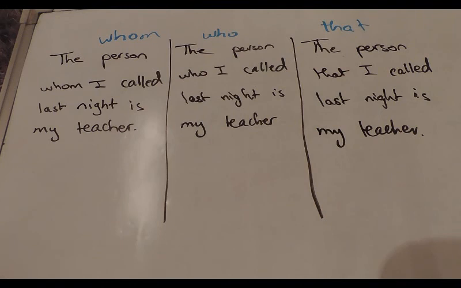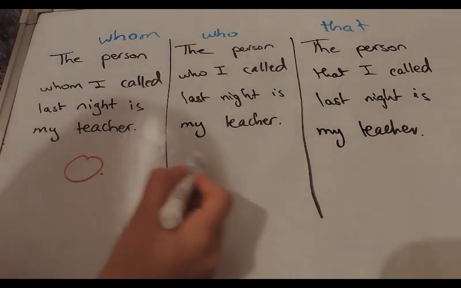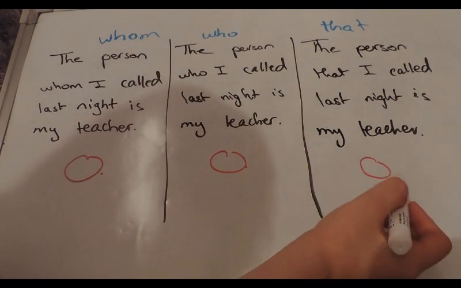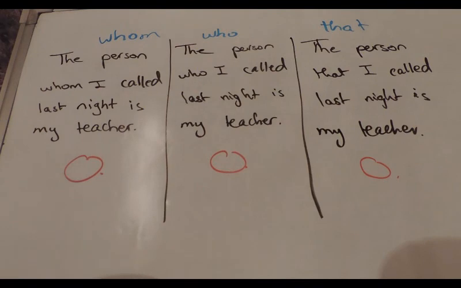And the last sentence, the person that I called last night is my teacher. Now, I forgot the full stop. Okay. For whom and who and that, those sentences are all object case. They are all object case. You're gonna ask me how. Well, there you go. This is your answer.